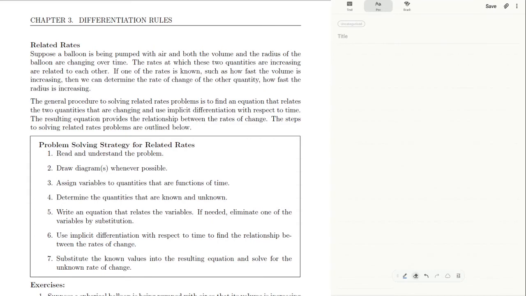Let's suppose that a balloon is being pumped with air, and both the volume and the radius of the balloon are changing over time. Over time, both the radius and the volume are going to be increasing.